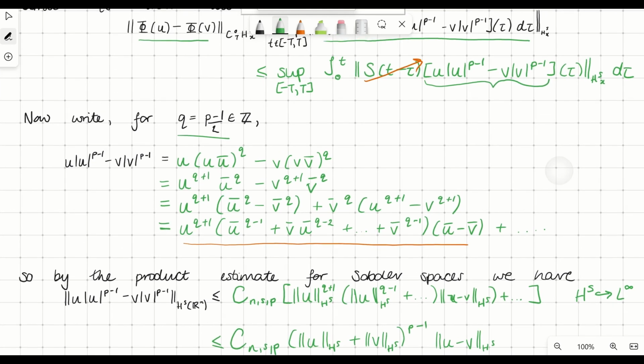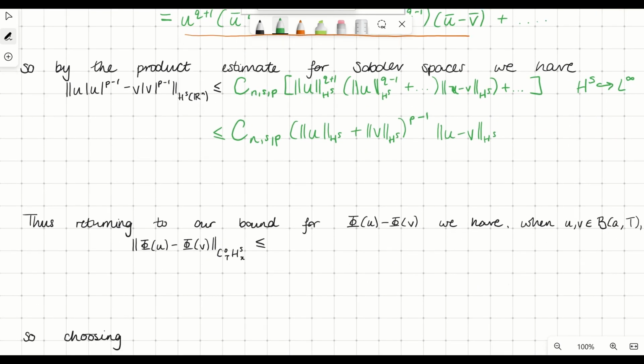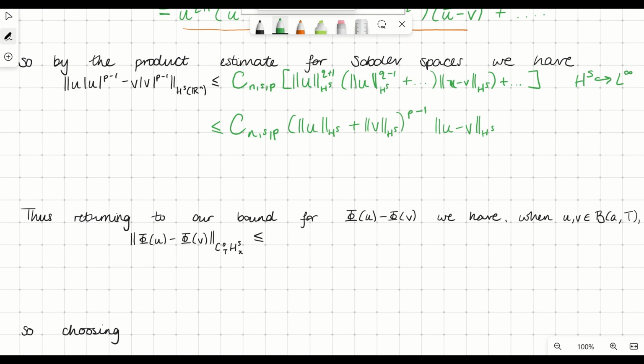So putting this into the bound above that we had for phi of u minus phi of v, we get that phi of u minus phi of v in C0 to HSX is bounded by the sup over the interval minus t of this constant CNSP times the integral from 0 to t of this at time tau d tau.